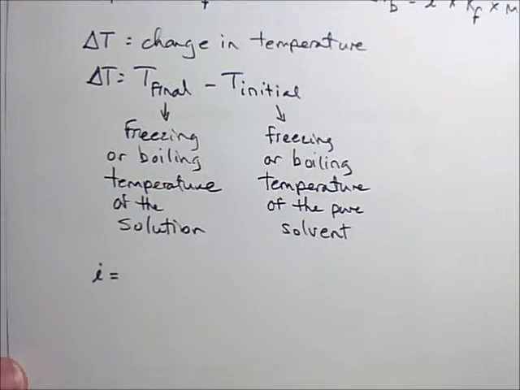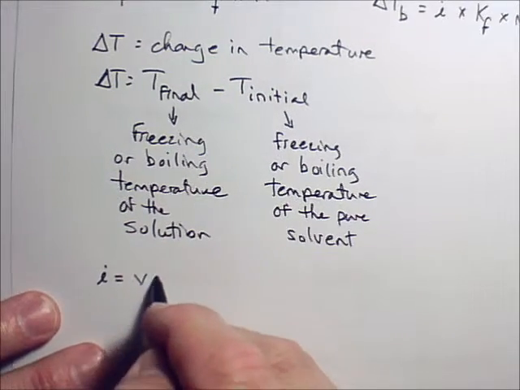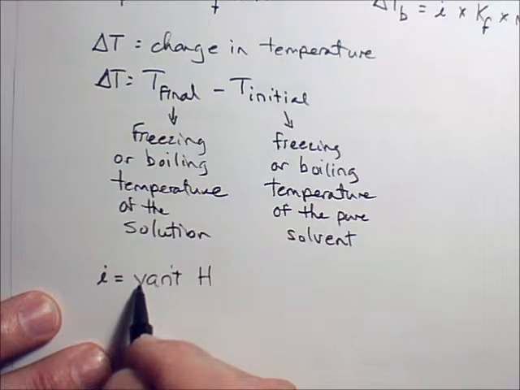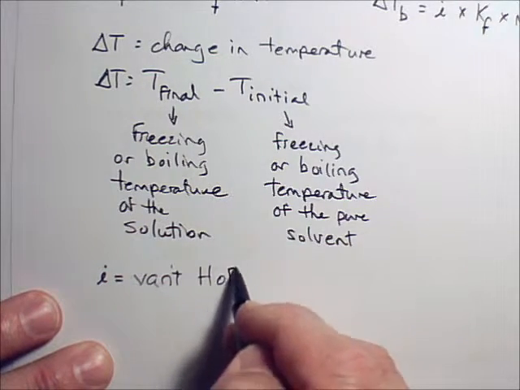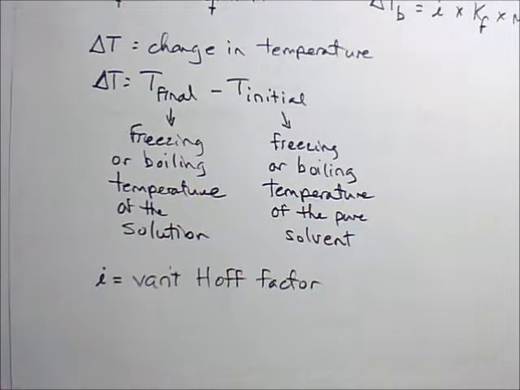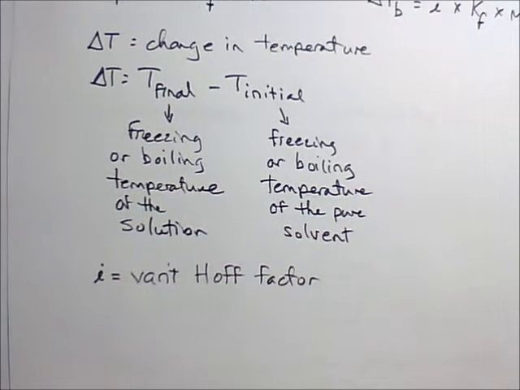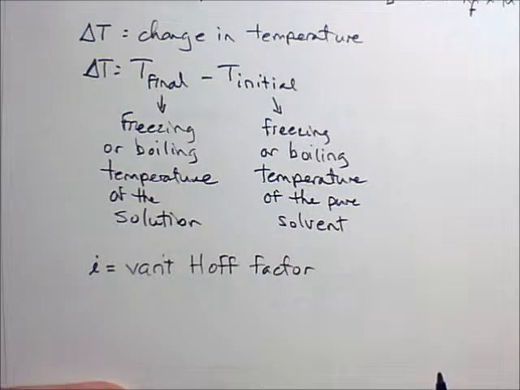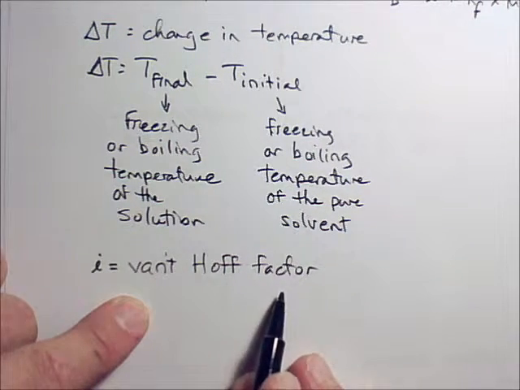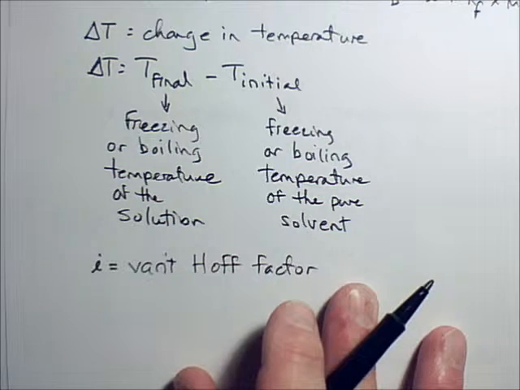All right. I is something called the van't Hoff factor. That's a lowercase v, but a capital F. Van't Hoff factor. Well, actually it is a property, but in this class, we're only going to deal with that part of the van't Hoff factor that deals with the colligative properties.